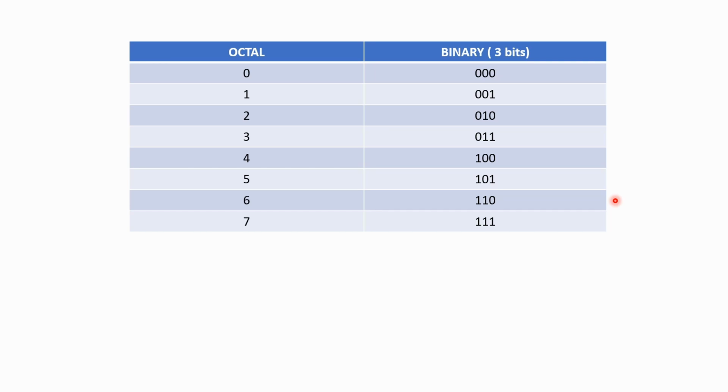The number 2 would be equivalent to 010 in binary, and so on, all the way up to 7, which is equivalent to 111 in binary. And you can work those out. You can go back and use the coefficients, the bases, and the exponents that we talked about, and you'll see why 111 in binary is equal to 7 octal.